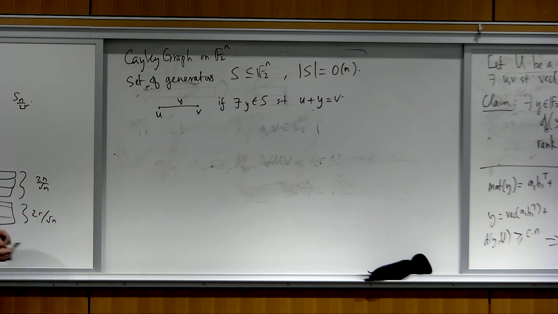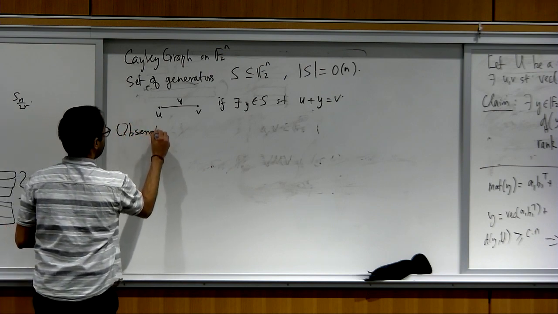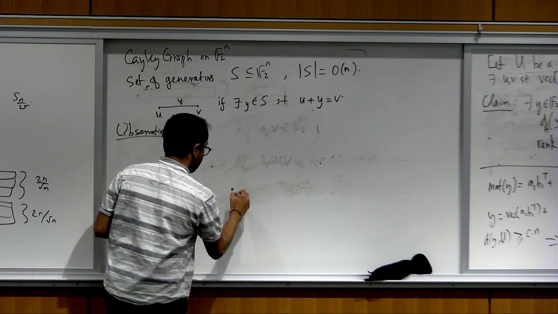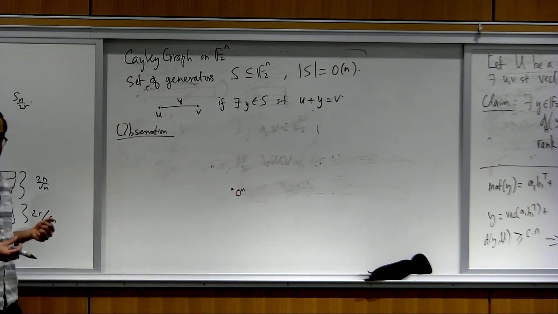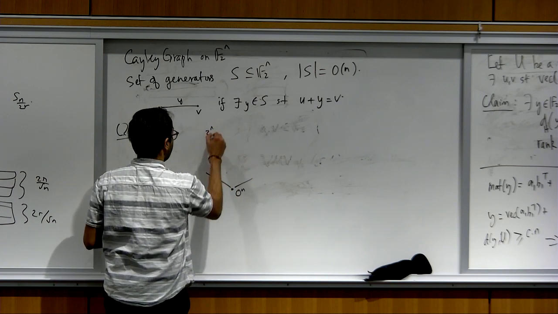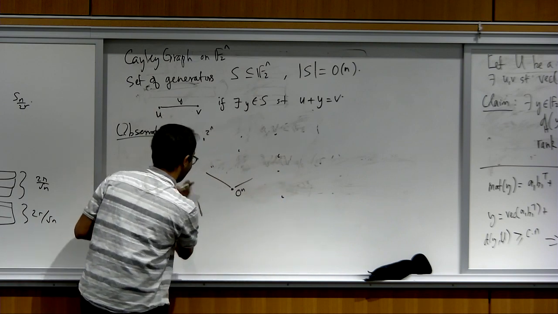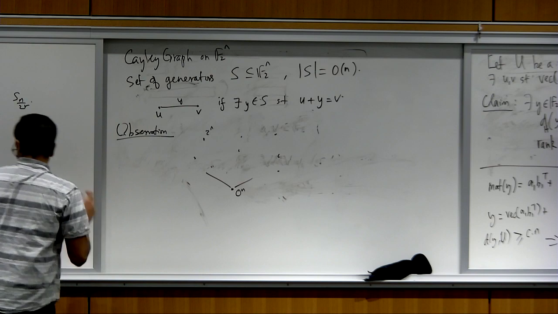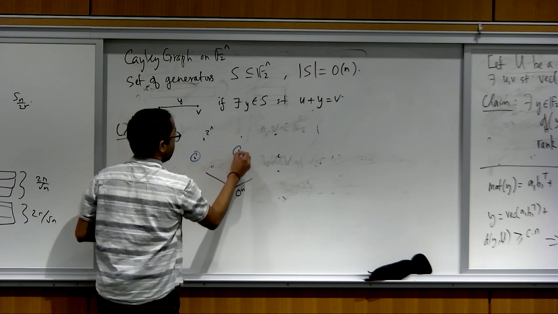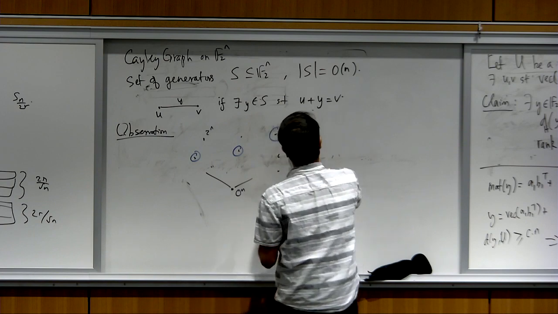Good. So now let me tell you the question or the observation here. If you start at the origin, all zeros, and you have all 2 to the n vertices. It's a bad drawing, sorry. But then just look at the vectors that come from your query set.